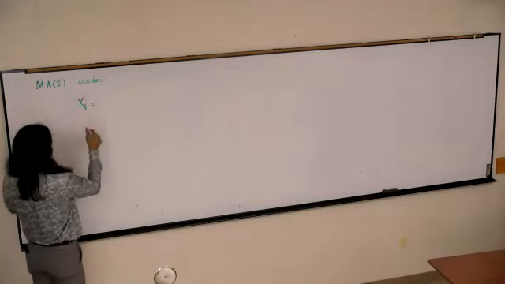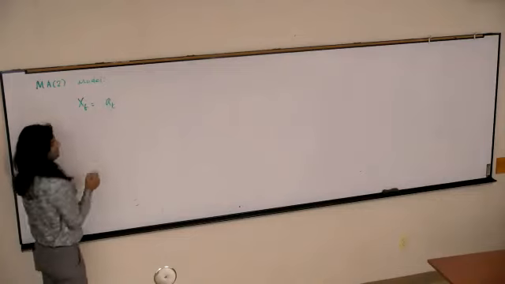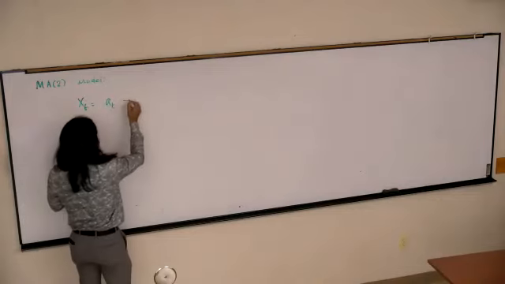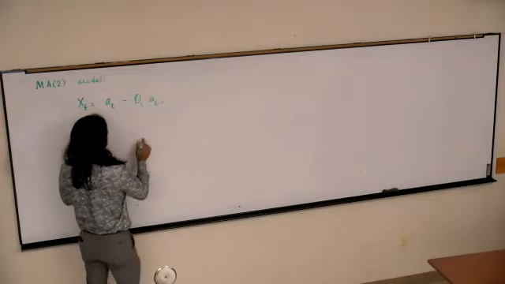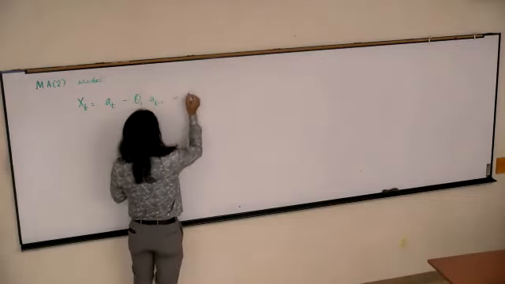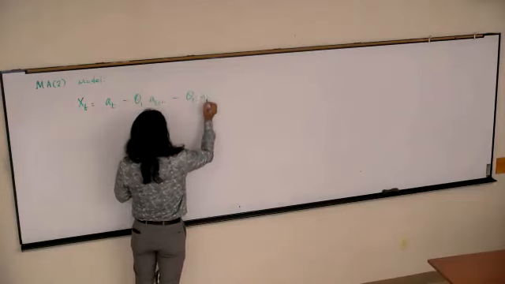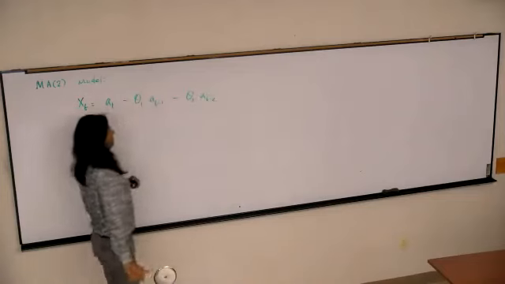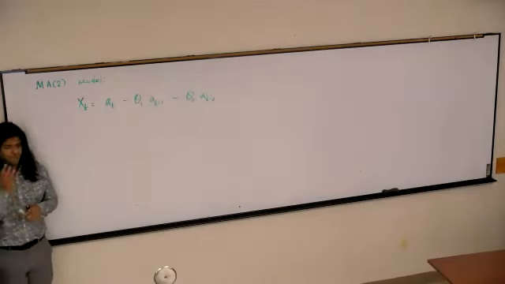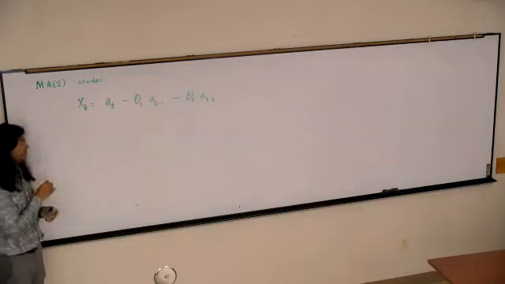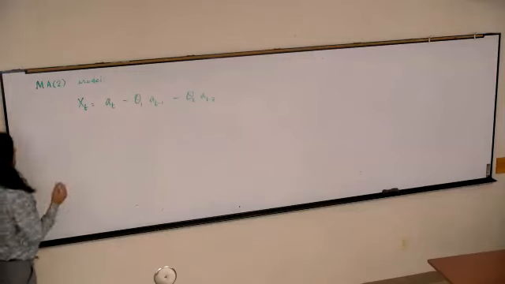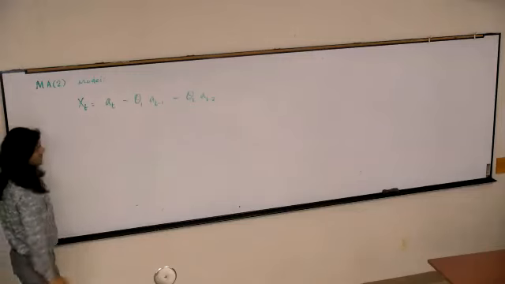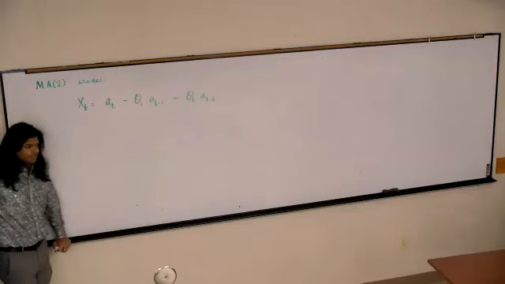MA2: x sub t equals a sub t minus theta 1 a sub t minus 1 minus theta 2 a sub t minus 2. Theta 1, theta 2 are the coefficients, and what is the characteristic polynomial?